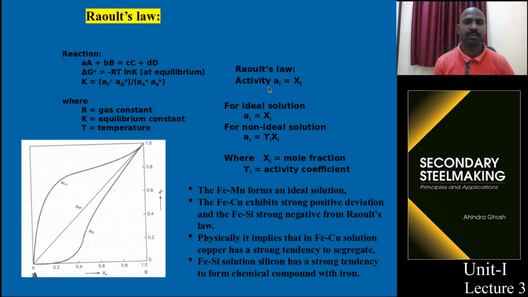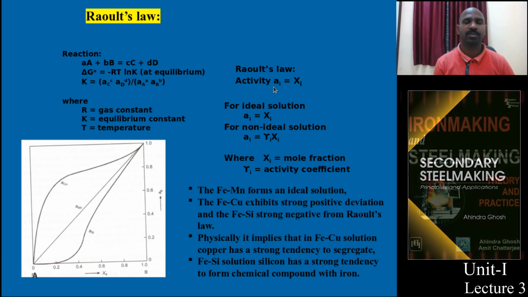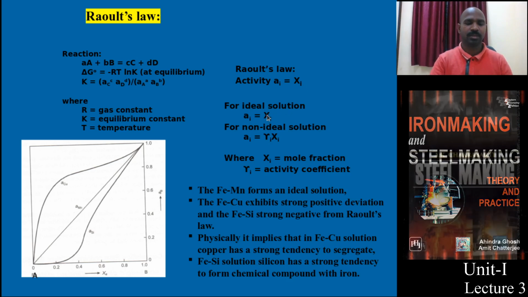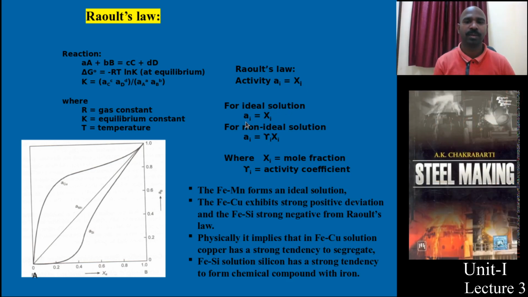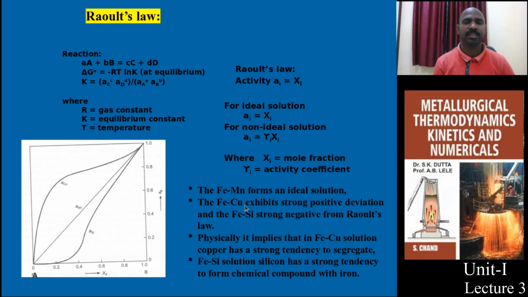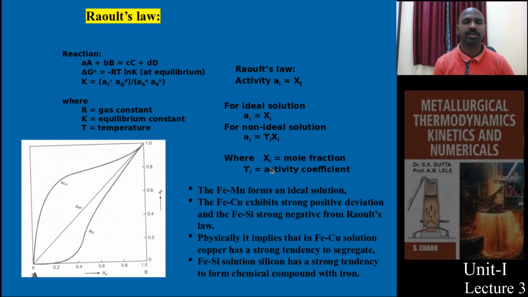Raoult's law says that the activity of an element dissolved in slag is directly equal to the mole fraction of that particular element I. If the solution is ideal, assume that there are no other impurities, then a_i equals x_i. If it is a non-ideal solution, if there are many impurities dissolved such as iron and manganese, iron and copper, then gamma_i, which is the activity coefficient, is expressed.